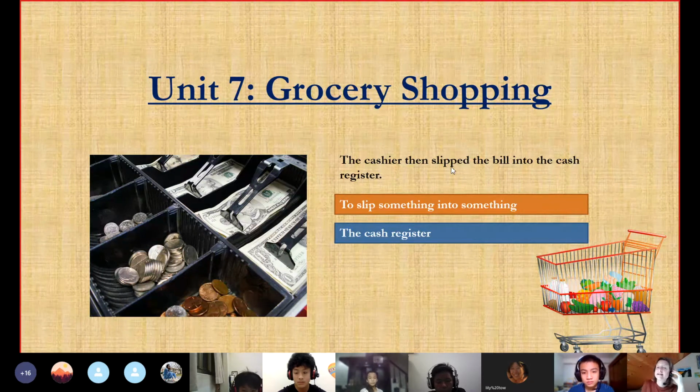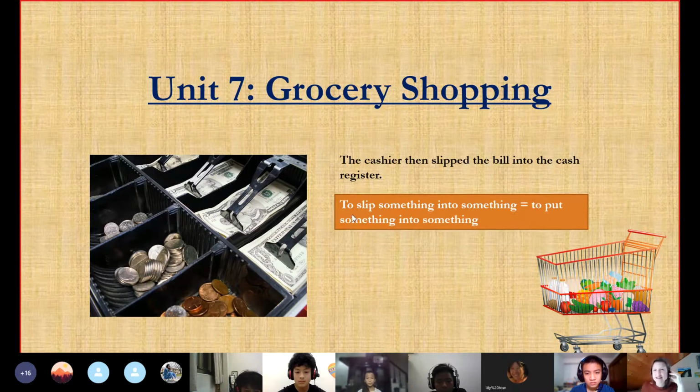So who has an idea? Maybe Angel, do you have an idea? What is maybe to slip something into something? Put money inside. Yes, very good. To put something somewhere. Very nice. So it means we can put something into something. Okay, so the cashier then put the bill into the cash register.